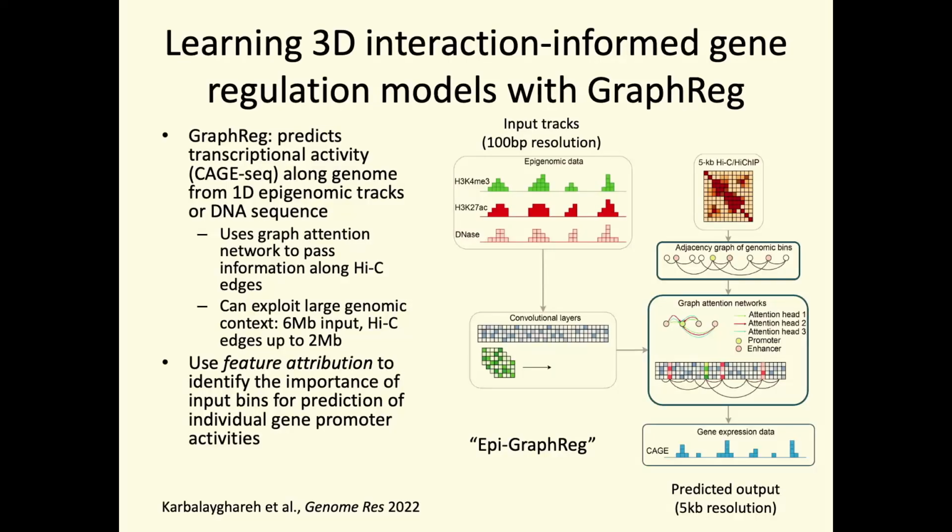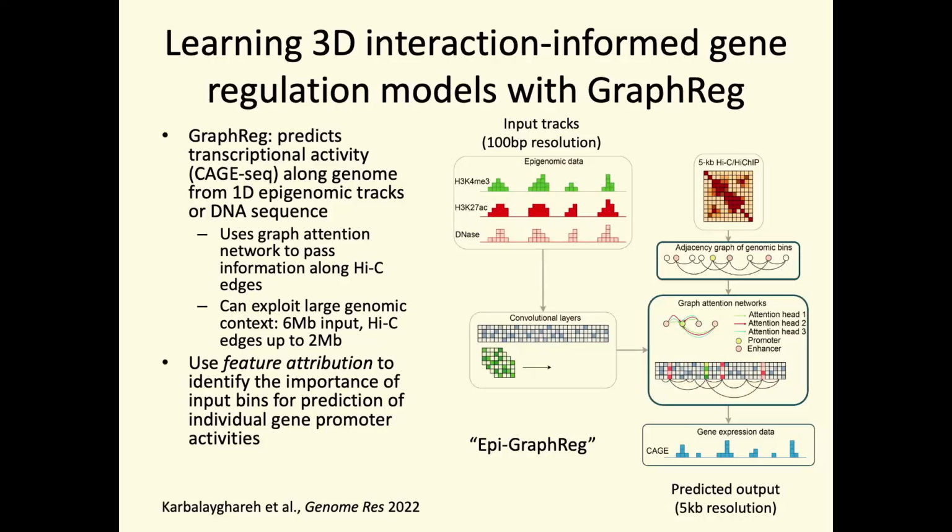Okay, and we're going to do this at the pseudobulk level, meaning we have our single cell multiome data, and we're going to aggregate over cell types. Okay, it's not a single cell model yet. And we went back to a model called GraphReg that we published a few years ago. And I'm very fond of this model.